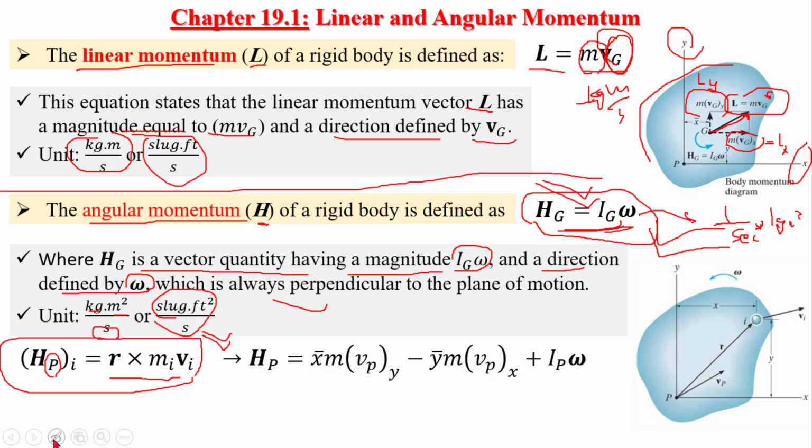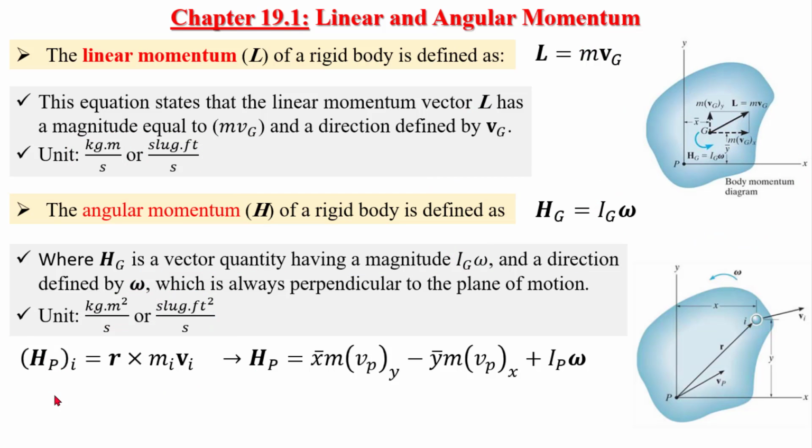You can notice that this is the mass moment of inertia about the centroid, but we can derive this equation from an arbitrary point, name it B. Okay, so if I want the angular momentum of point i from an arbitrary point B, so here is the point i on a rigid body, and it is a distance r away from the arbitrary point B. Okay, so the derivation starts using this equation.